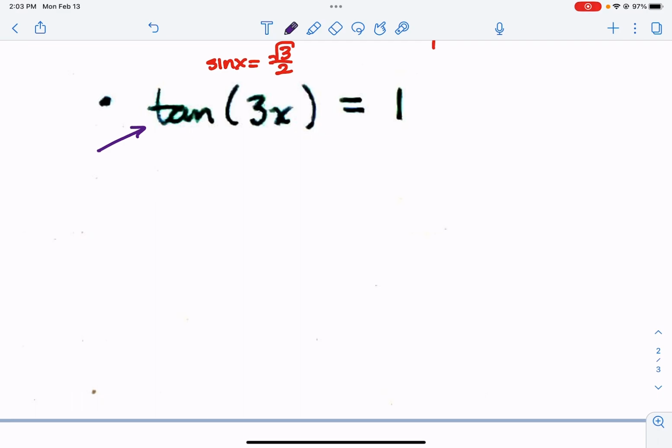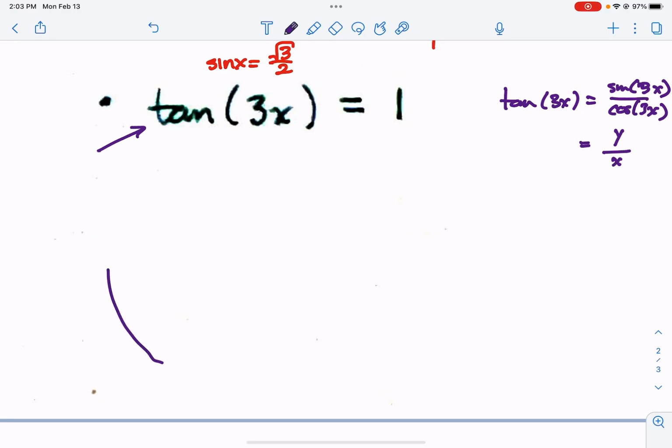But tangent is very hard to visualize. So let's think about this. We know that tangent of 3x is equal to sine of 3x over cosine of 3x. And remember, that's basically like the y-coordinate on the circle divided by the x-coordinate.